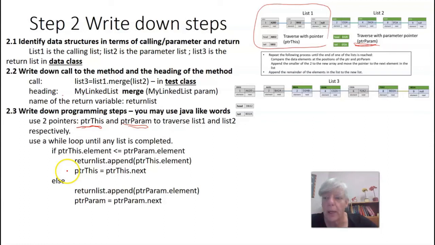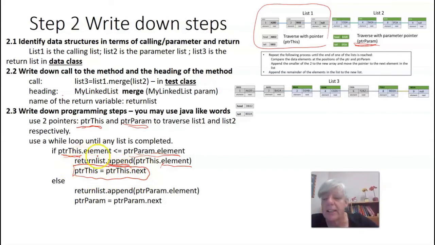Okay, what do I do in the while loop? I say, if the element at pointer this is smaller than the pointer at the parameter, I'm going to append it to the return list. Look how I append it. I append the element, and I advance the pointer.